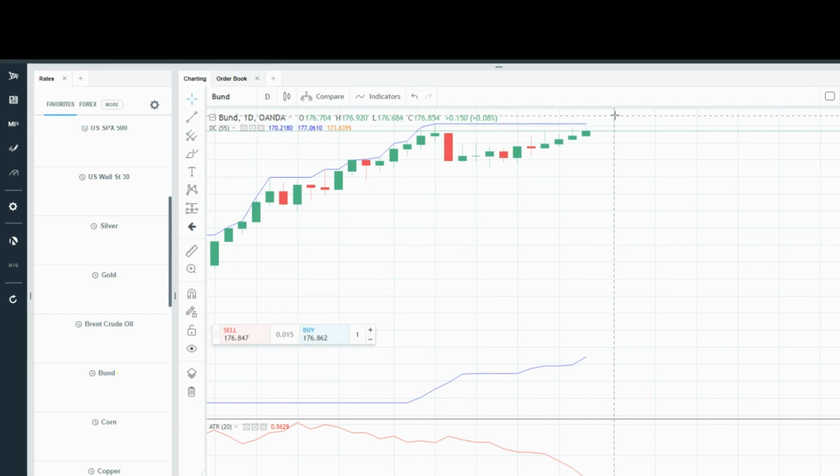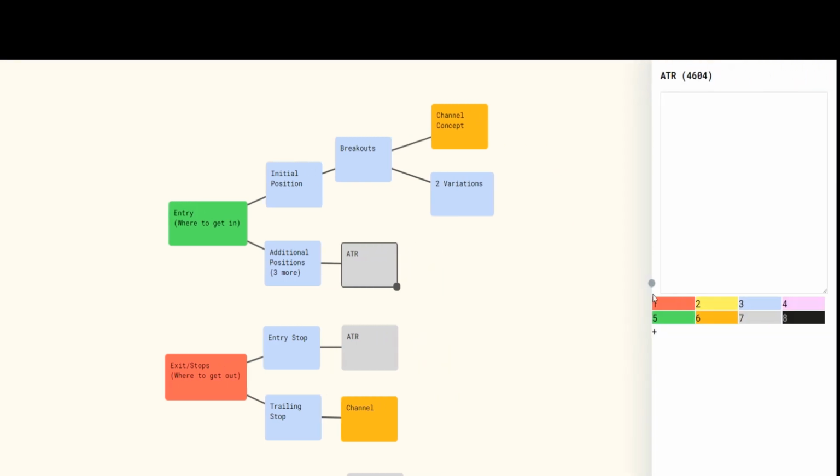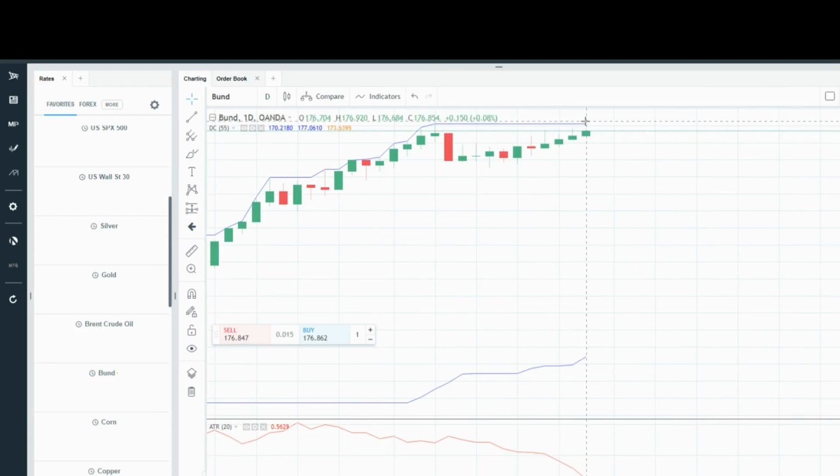Now for each additional entry, we're going to use ATR to form additional entries. What we're going to do is set it a half ATR above the initial entry, at least for a long. So if we use this as an example, let's just take 177.1 to keep it easy.